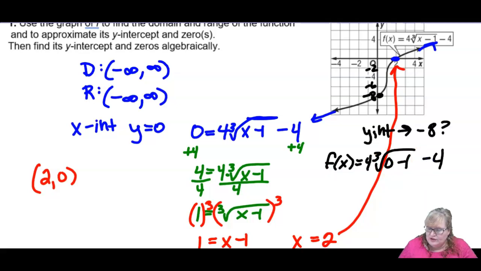Now, some of you are going to argue with me, but you actually can take a cube root of a negative number, because -1 times -1 times -1 is indeed -1. Therefore, the cubed root of -1 would just be -1. All right, let me erase that so the notes aren't confusing later. But the cubed root of -1 is just -1, and then we have 4 times that, minus 4.